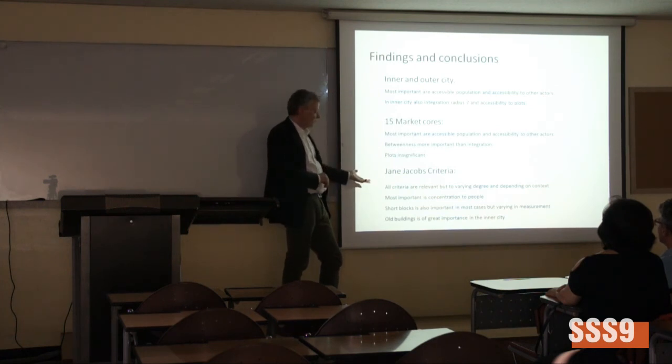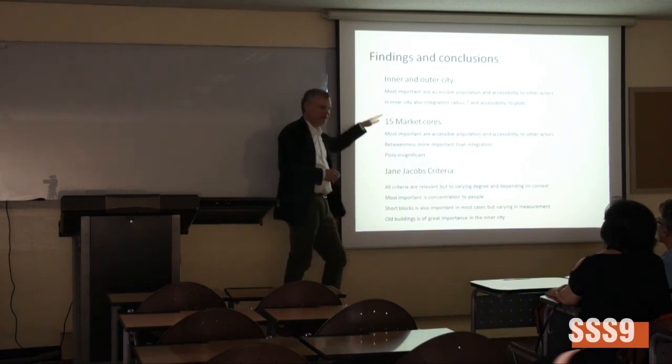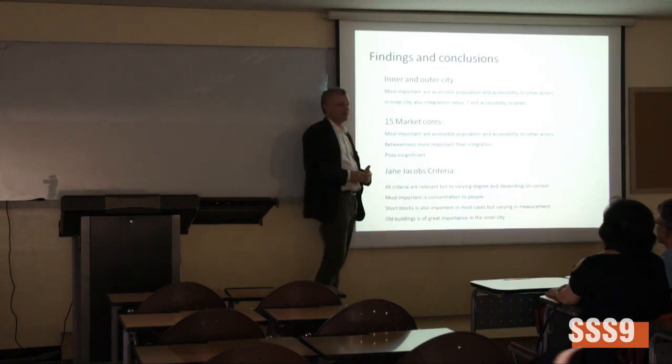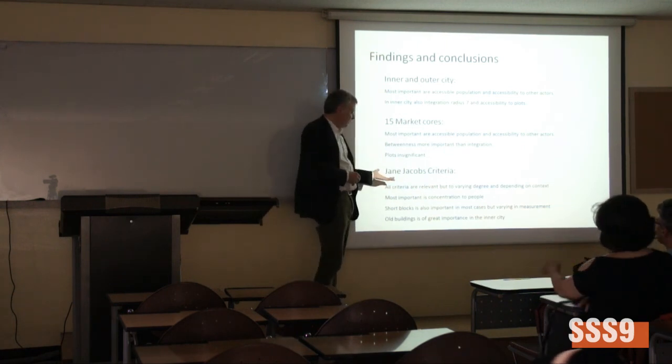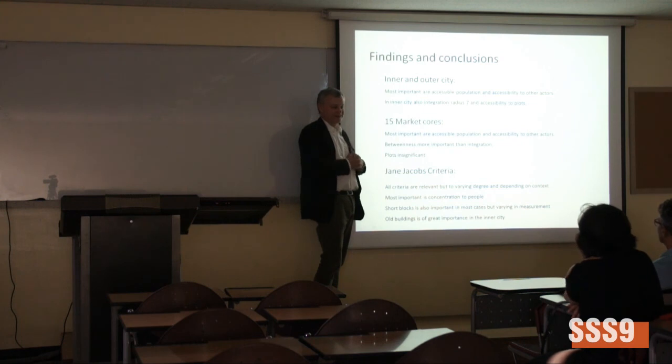And then we, of course, can have discussions on each step of translation, on methodological choices here, and not least that we're now looking at the city of Stockholm, which is a special case. But still, it's saying something. And generally speaking, one could say that Jacobs was right.